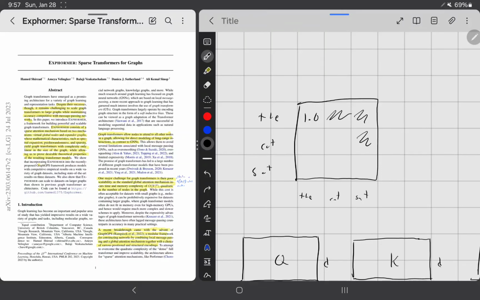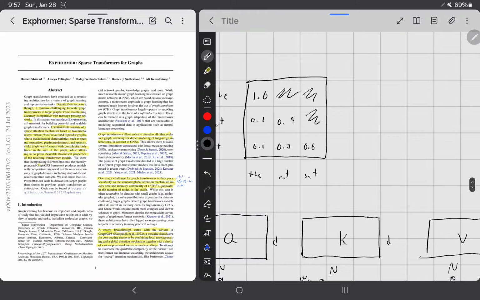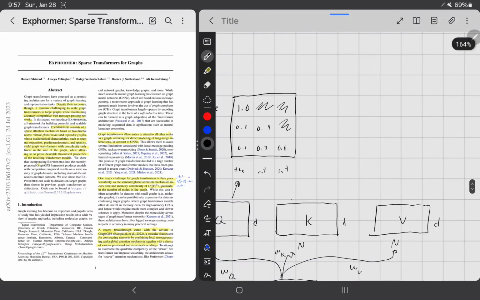So maybe cat is going to be composed of 0.1 of the, so there's not that much information for the, and then 0.9 cat, and then the word sat, maybe it needs to know what is doing the action, so 0.3 cat, 0.6 sat, and 0.1 the. And then you multiply these by the values, and you get out your output matrix here.